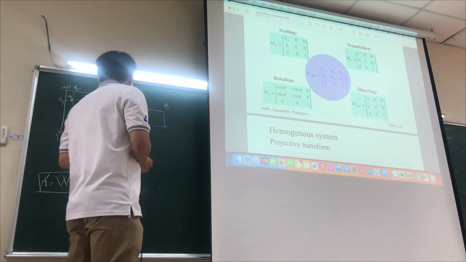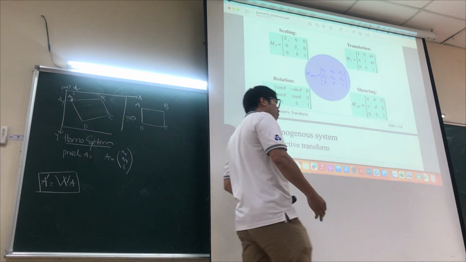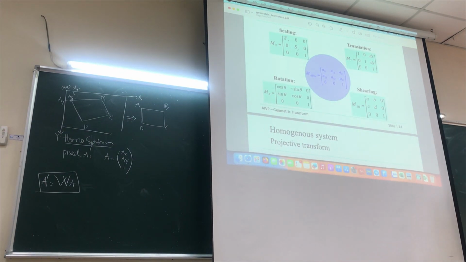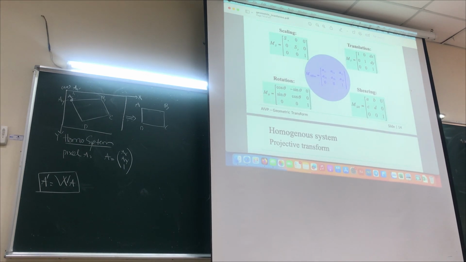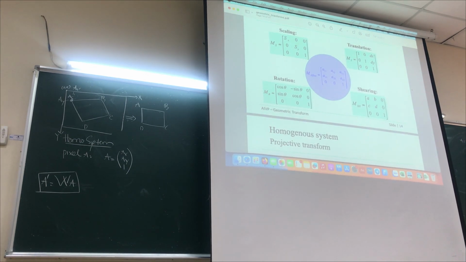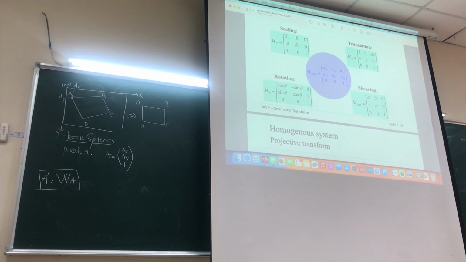Before that, what happens if you don't use homogeneous coordinates? If you don't use homogeneous coordinates, A equals Ax, Ay. I translate by dx, dy.